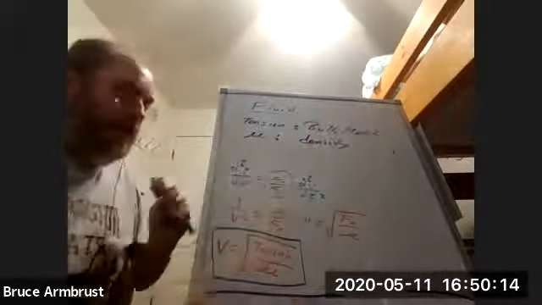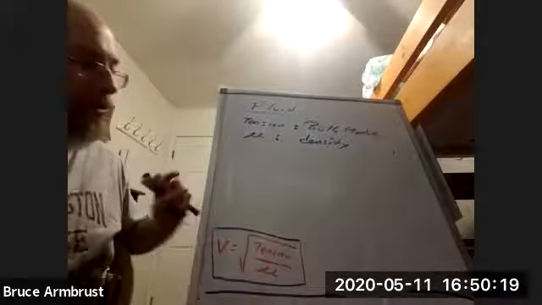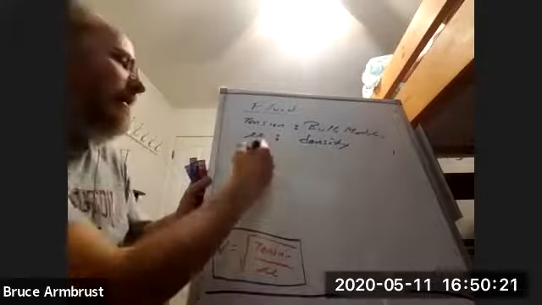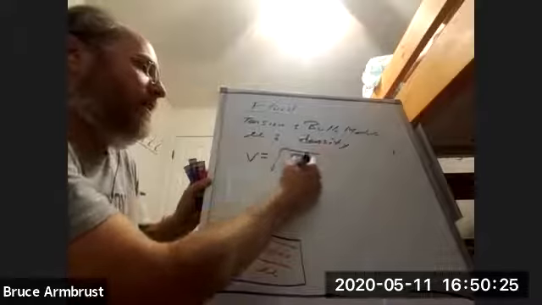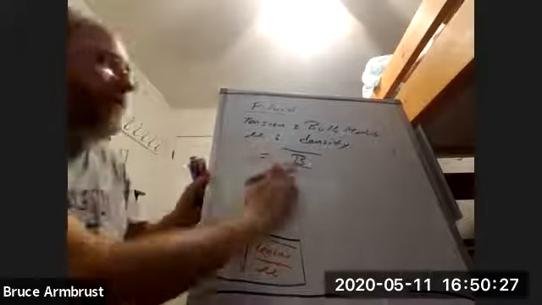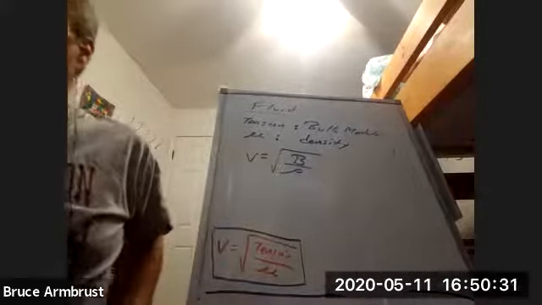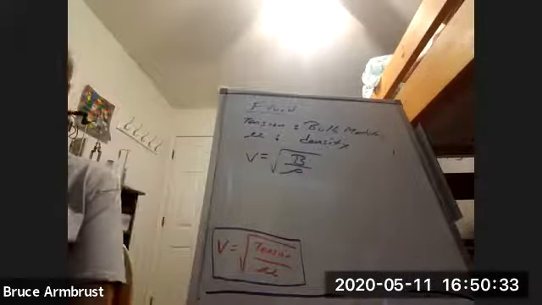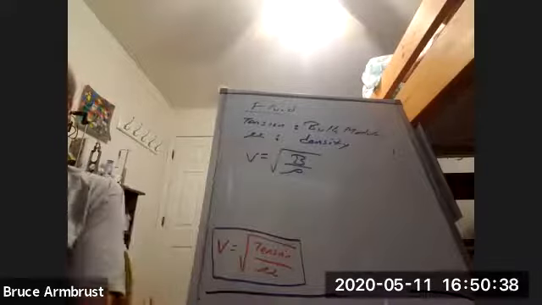It's just now a density per volume. And so if we follow this same idea, this v is now going to be the square root of B over rho. So this is what lets us calculate the speed of waves in fluids.